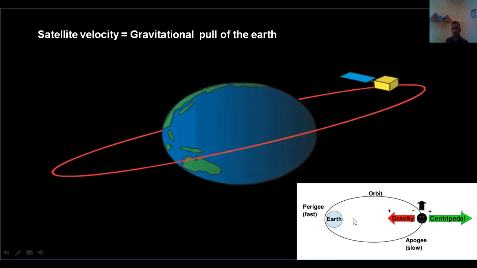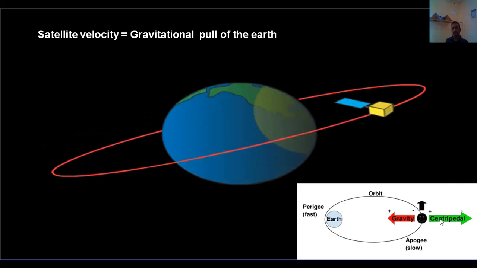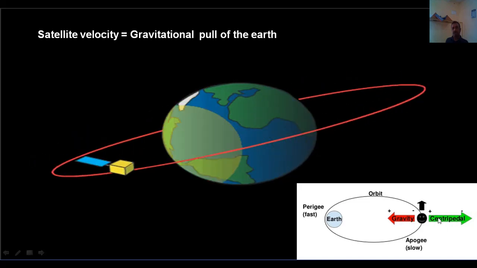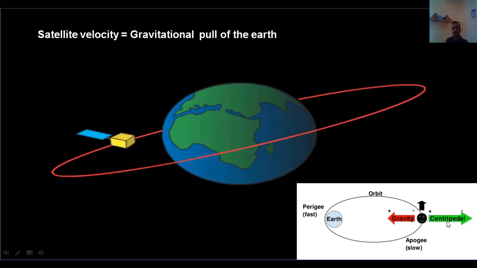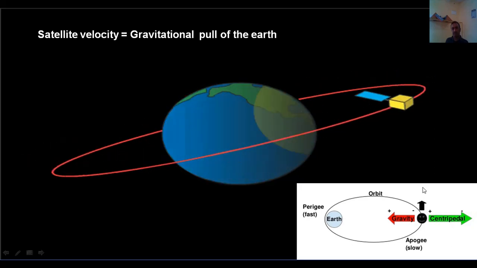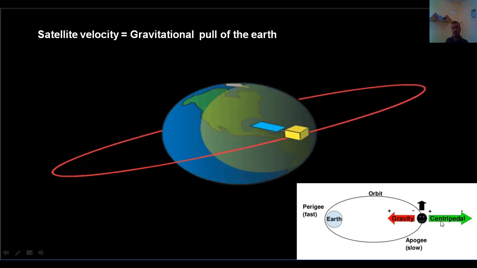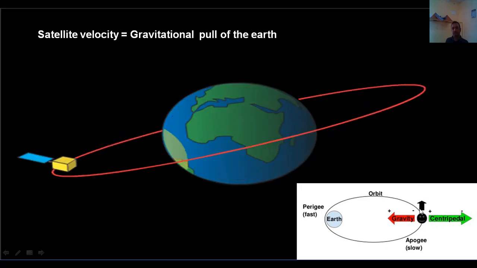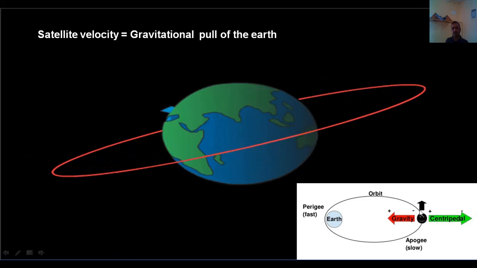These two forces are equal and in opposite directions. Then the resultant force acts in this direction, perpendicular to these two forces. That is why the object is moving in this direction.